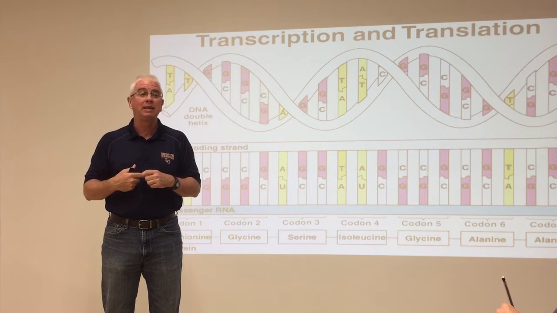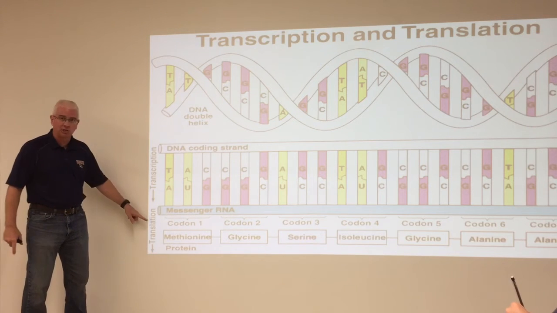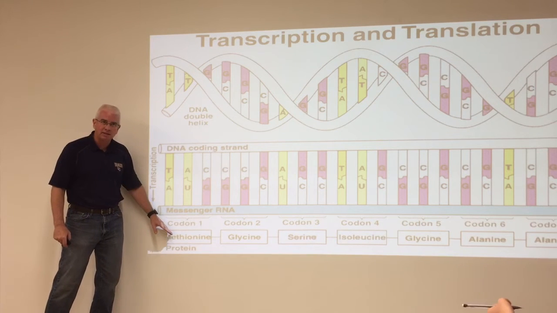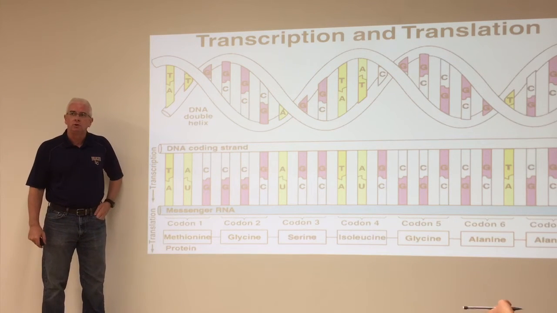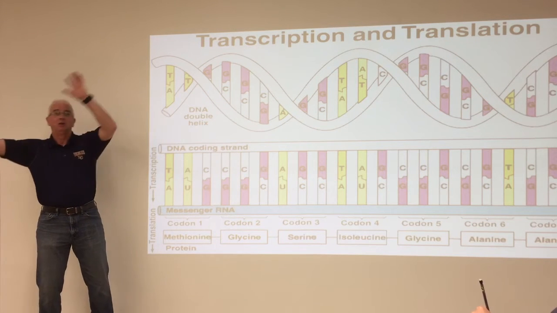into something completely different. The process of translation is taking the message on the RNA and converting that message into the language of amino acids. We have now moved from nucleic acid to protein.